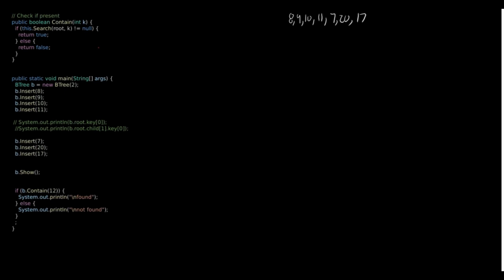This is not the order. Again, this is not the order. T will be 2. The order is T times 2, which is 4, since T is 2. So this code will be working with an order of 4.